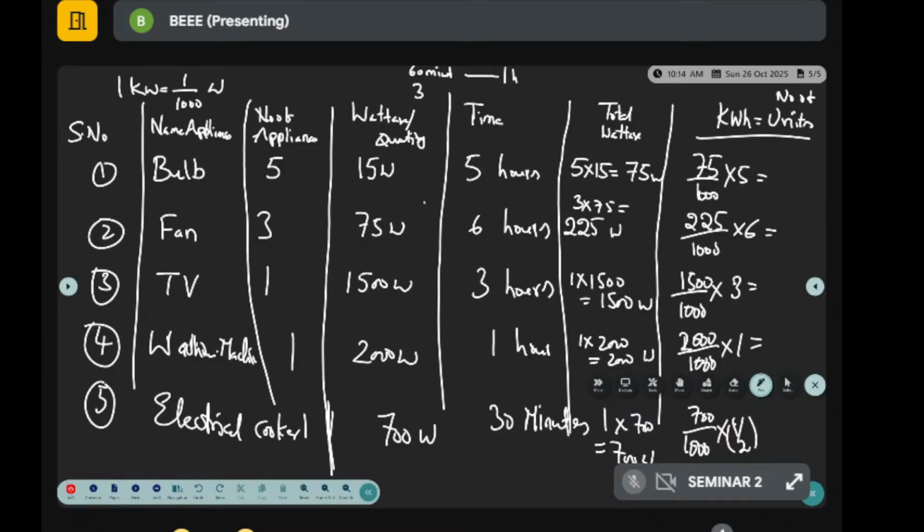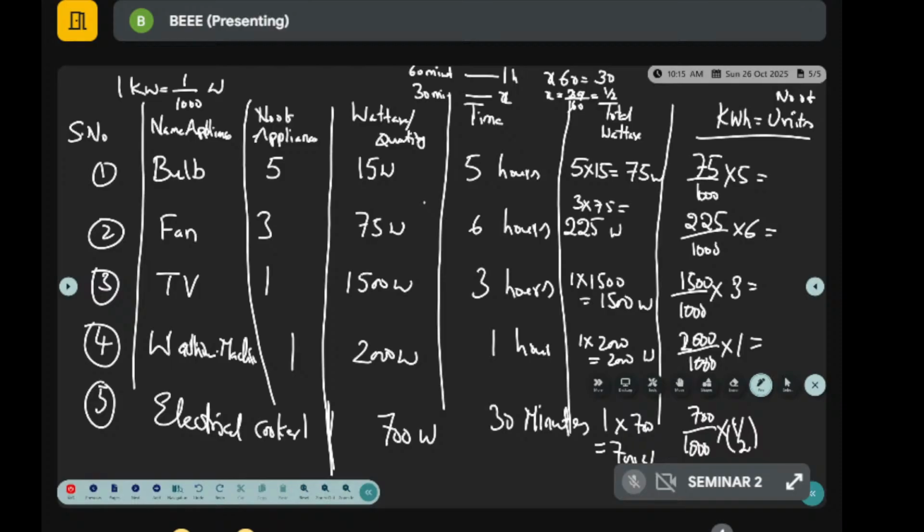Then 30 minutes is equal to x. So x into 60 is equal to 30. So x is equal to 30 by 60, that is nothing but 1 by 2. Like this, 60 minutes is equal to 1 hour, 20 minutes is equal to x. Like that you write, cross multiply, and you will get the value of x.